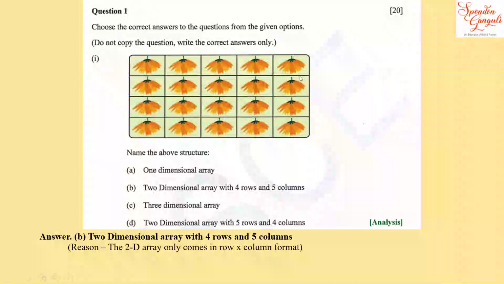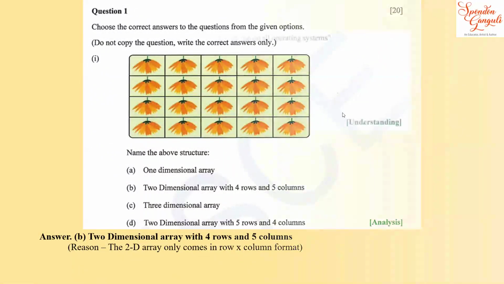The answer is a two-dimensional array with 4 rows, 5 columns. We all know a two-dimensional array comes in row cross column format. You can see here the horizontal bars are the rows, whereas the vertical bars are the columns.